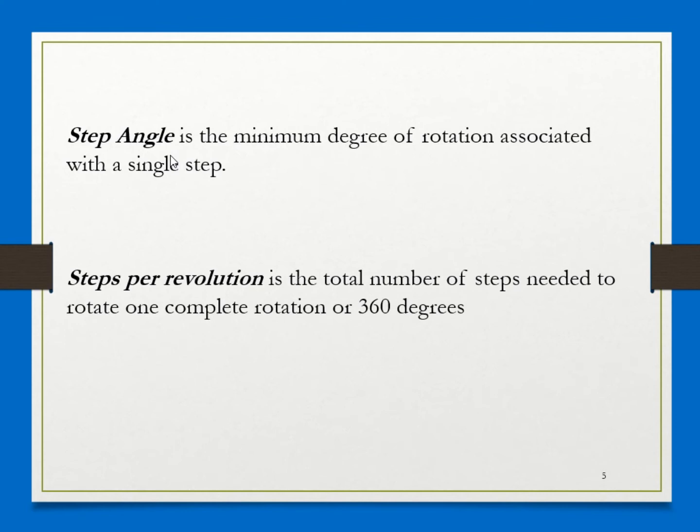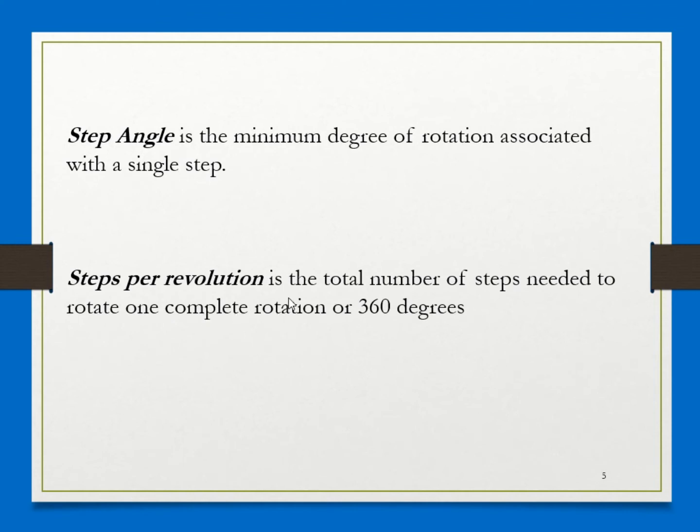It would be 360 by 200. So you will get 1.8. So 1.8 is the step angle where you need 200 steps to complete one revolution or one rotation.